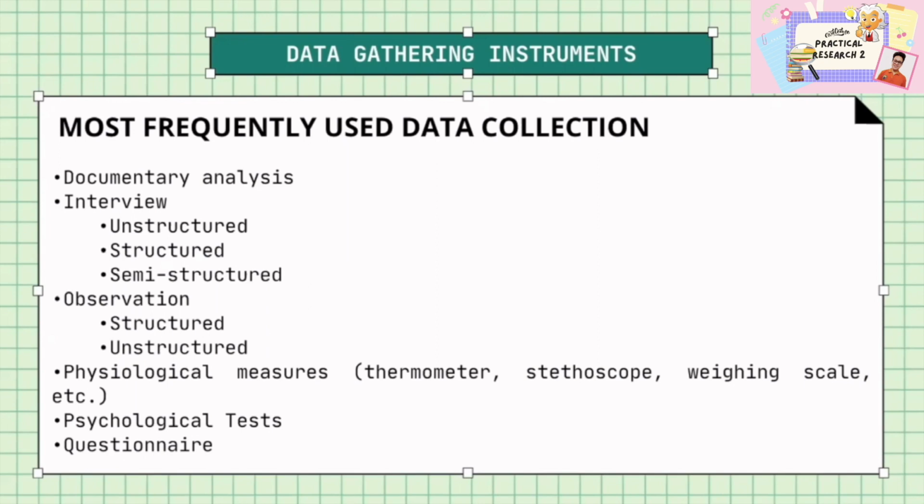Observation, we have structured and unstructured. For observation, it enables the researcher to participate actively in the conduct of the research. Here, you may have an observation checklist, and that's going to be structured.